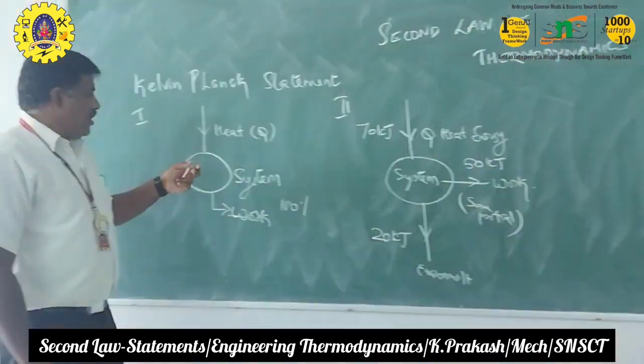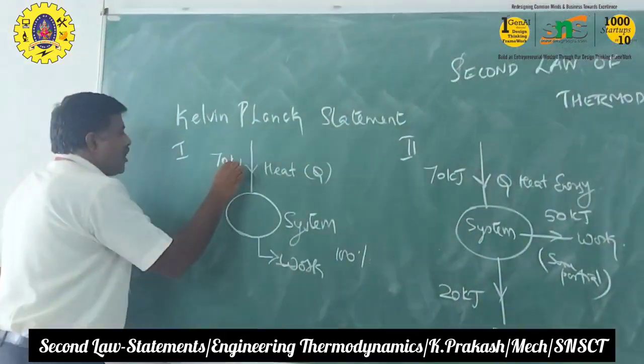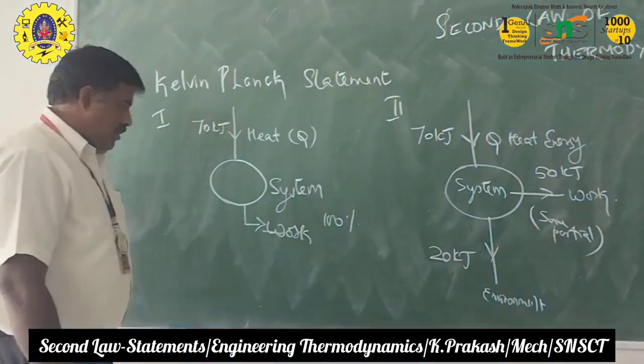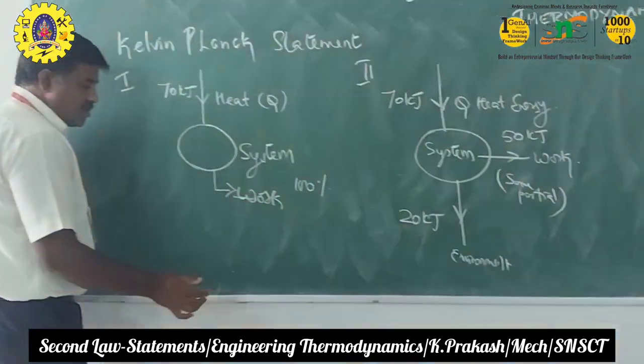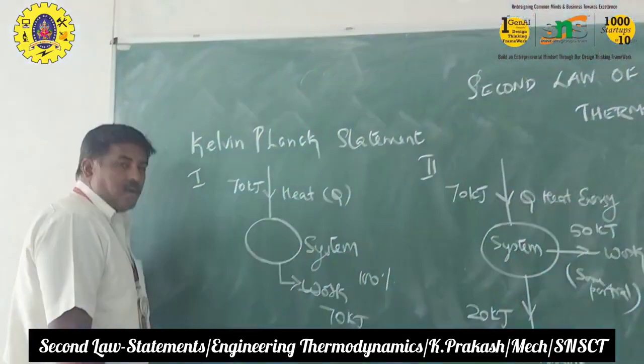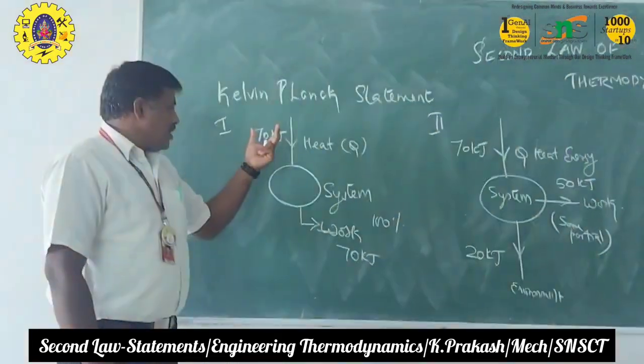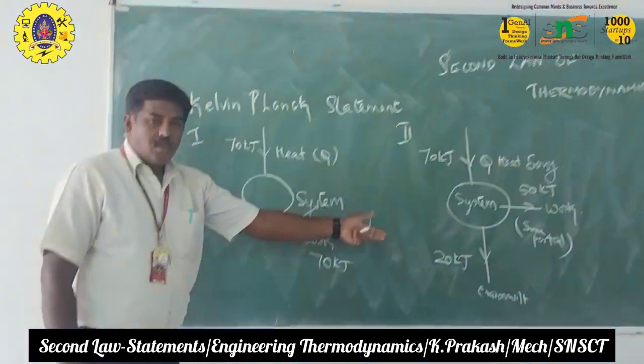Now, let us discuss the same thing. The same 70 kilojoules of heat is supplied, but here there is no heat lost. So, 70 kilojoules of heat is converted into work. Now, let us compare the efficiency of condition 1 and condition 2.